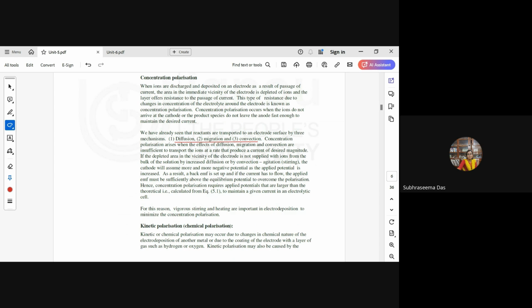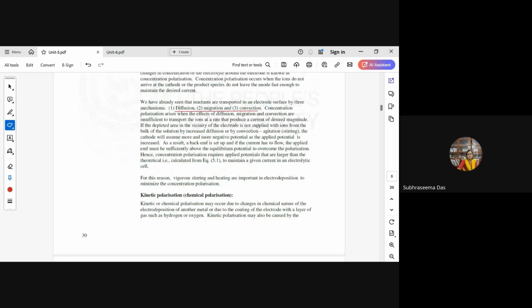As a result of this stirring, the cathode assumes more and more negative potential as the applied potential increases. Because of this, a back EMF is set up, and it tries to overcome the effect of concentration polarization, and an equilibrium is tried to be achieved. So concentration polarization requires applied potentials that are higher than theoretical to maintain a given current in an electrolytic cell.